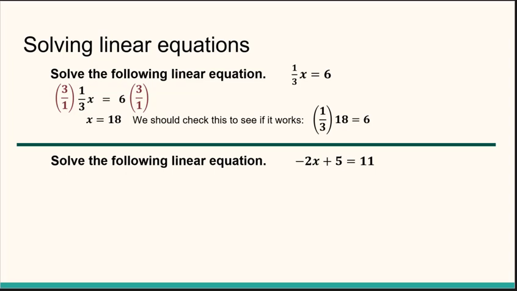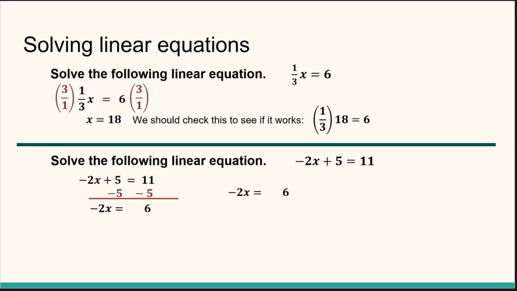All right, let's do a two-step equation. This one has both multiplication and addition in it. So what we're going to do first is we're going to get rid of the low-hanging fruit. That plus 5 right there. He's what I call low-hanging fruit. Let's get rid of him first. I'm going to subtract 5 from both sides. And I will get negative 2x equals 6.